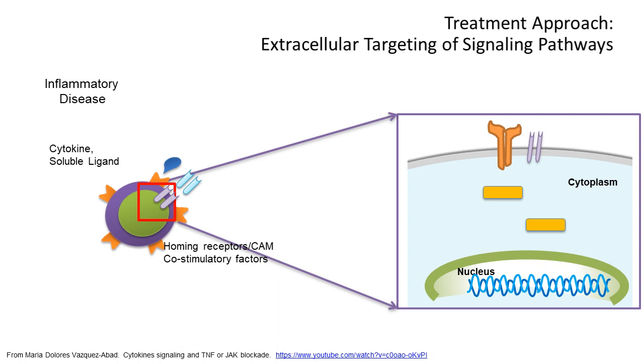And what I'm focusing on the right is what happens to activate that cell. Whichever it is, the receptor that is engaged either by the soluble ligands or by a co-stimulatory factor, the engagement of the receptor on the cell will produce the activation.